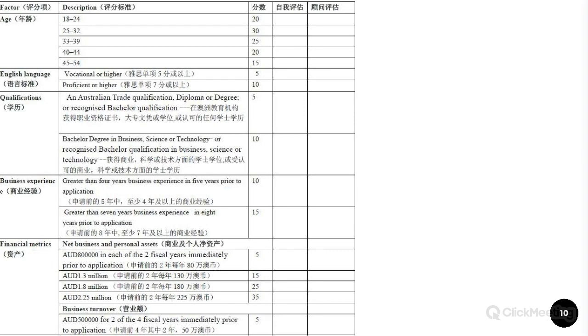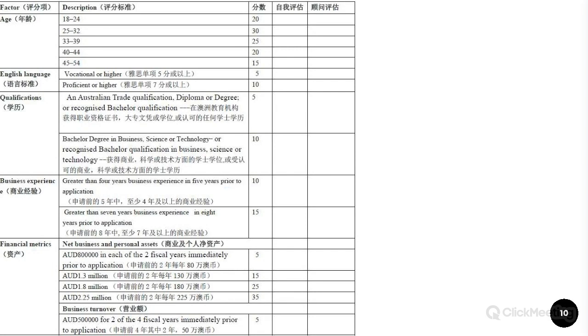For some occupations, they can get a positive skill assessment without English, but when they come to the visa application, they must have English 6. However, for a business visa, there is no minimum requirement of English. You can, of course, be awarded points if you can score 5 on each band. If you don't have any English at all, then it is okay.